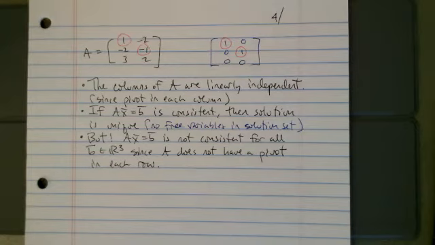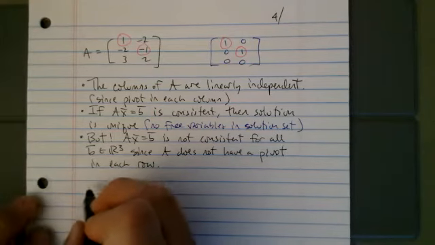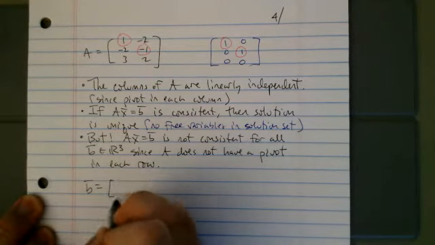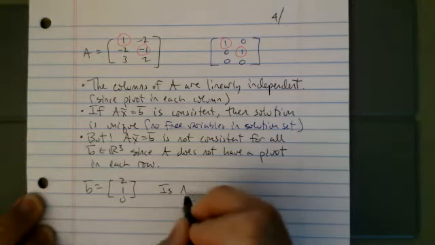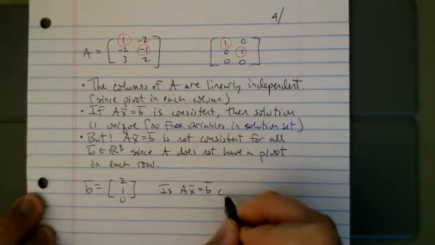Comments? So if we wanted to solve and B was 2, 1, 0, then we could say, what about B equals 2, 1, 0. So this is just one example. And we would say something like, is AX equal B consistent?